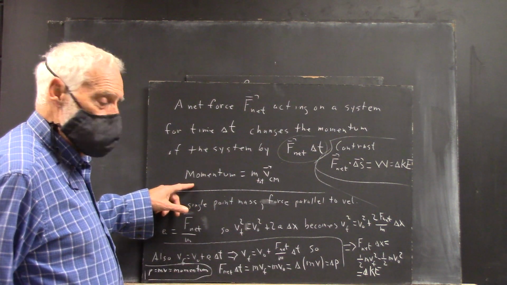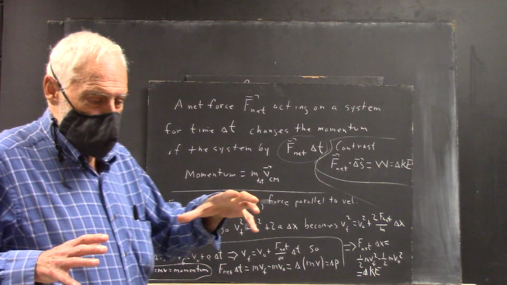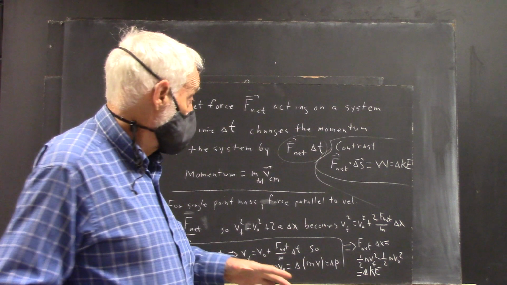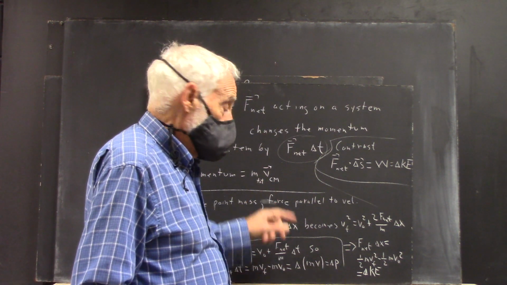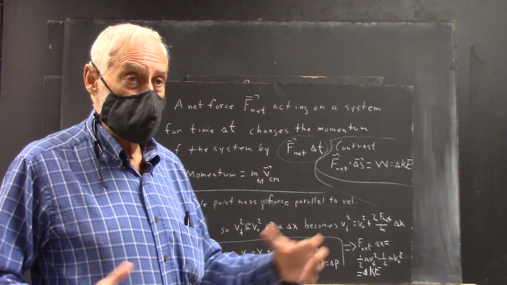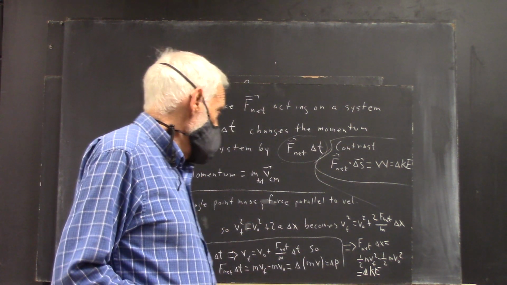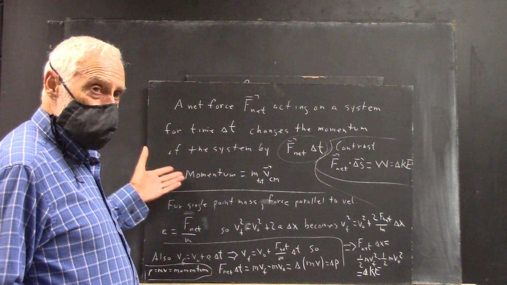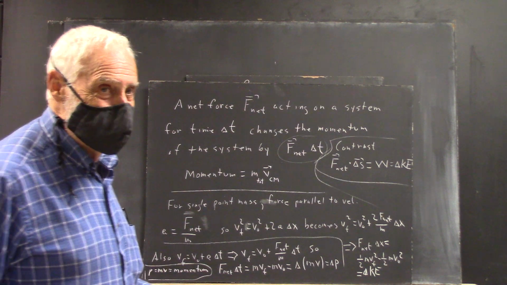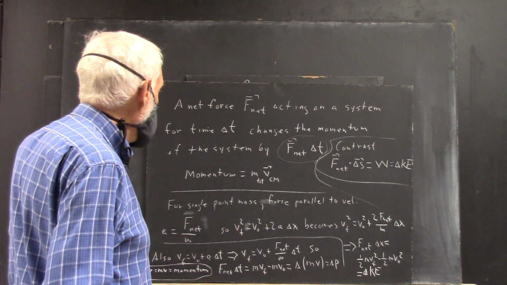So this is why we define the momentum of a system of particles as a total mass times the velocity of the center of mass. Why the velocity of the center of mass? Well, I don't want to derive it. That's just the way it is. Okay? For right now, I'd be glad to derive it for you, but we don't have time.